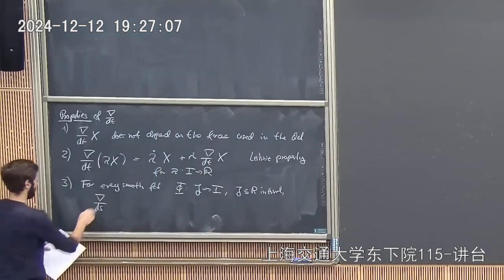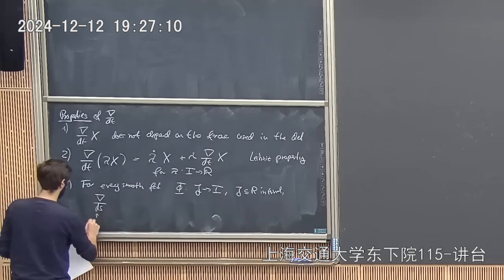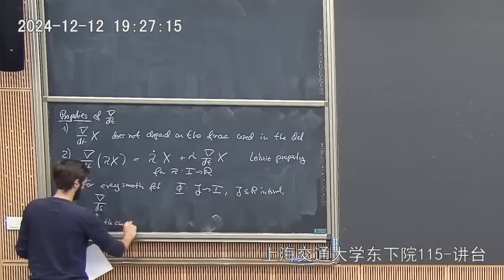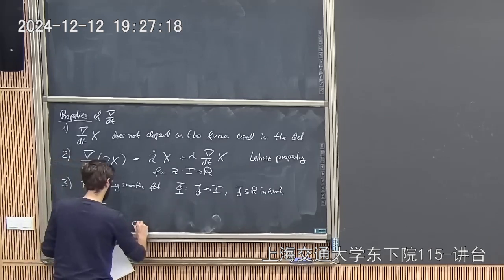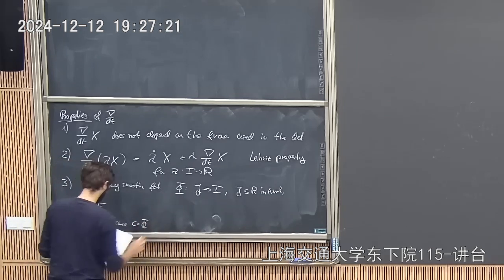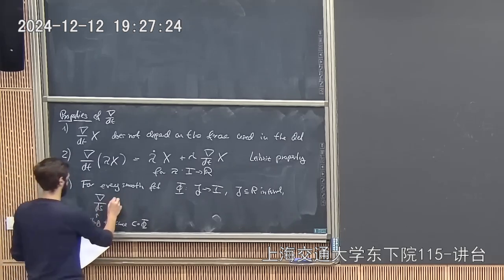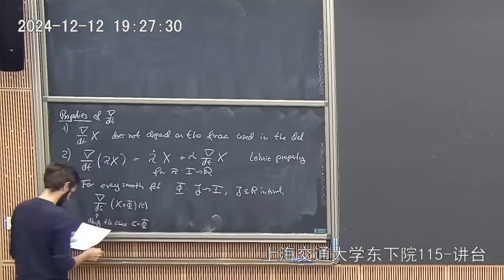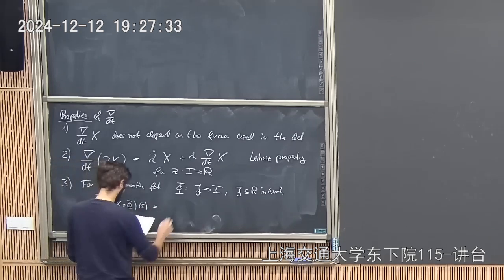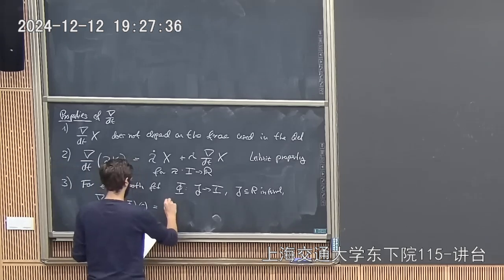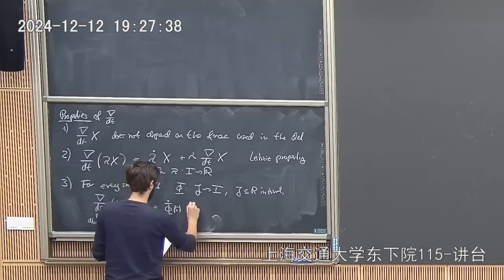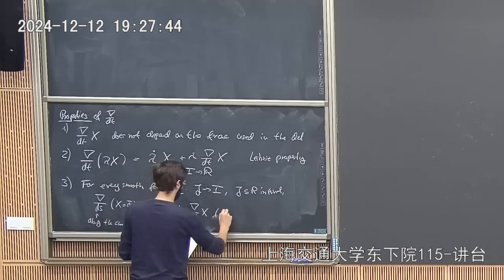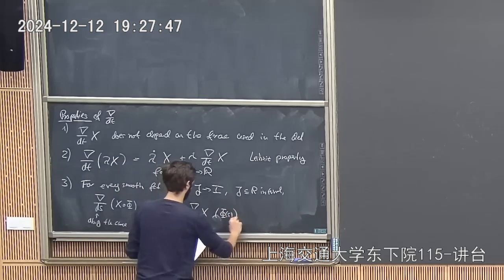So this one is the covariant derivative along the curve where we take the c and precompose that with phi, of X precomposed with phi, in s, is the same as having phi dot on s and then taking the covariant derivative of X at the point phi of s.